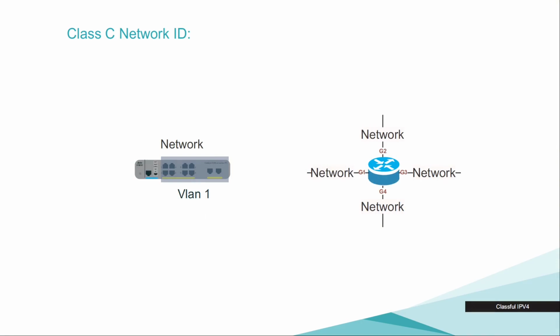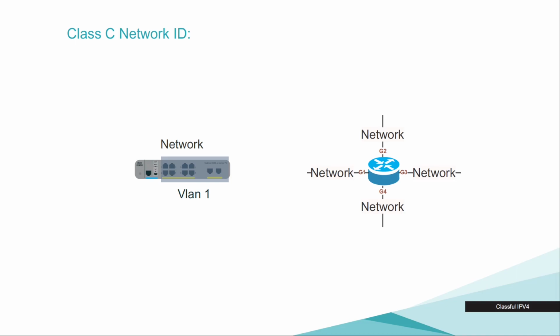So you can ask a question here. Why does the link between R1 and R2 need a subnetwork? And this is the answer to this question. By default, for our switches, the switch interfaces should be in one network. The reason for that is because the switch ports are assigned to VLAN 1. Every single VLAN that we create in our network should have a dedicated subnetwork.